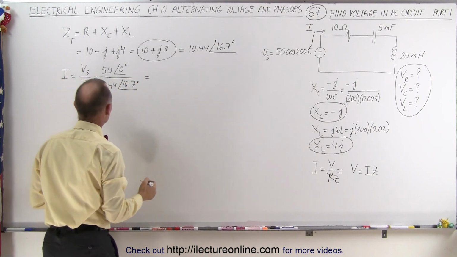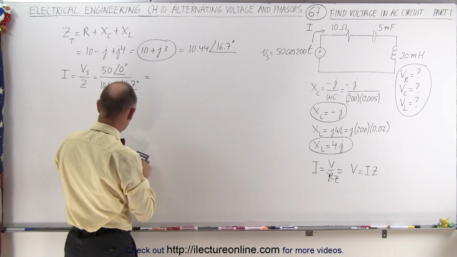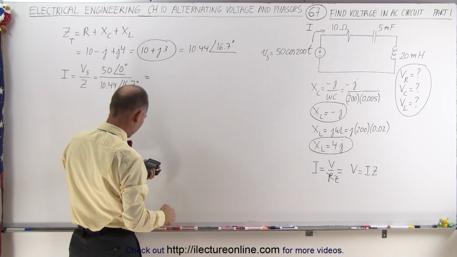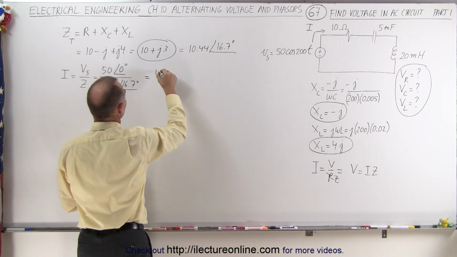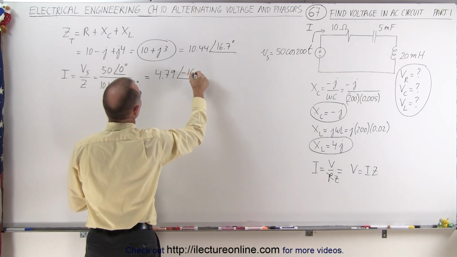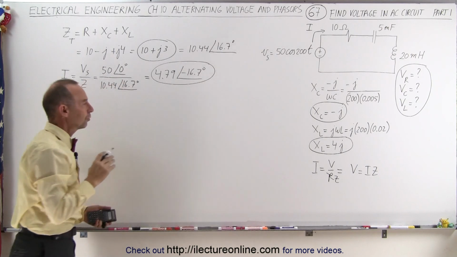Which means that the current is going to be equal to 50 divided by 10.44, which is 4.79 with a phase angle of minus 16.7 degrees. So there is the current in the circuit.